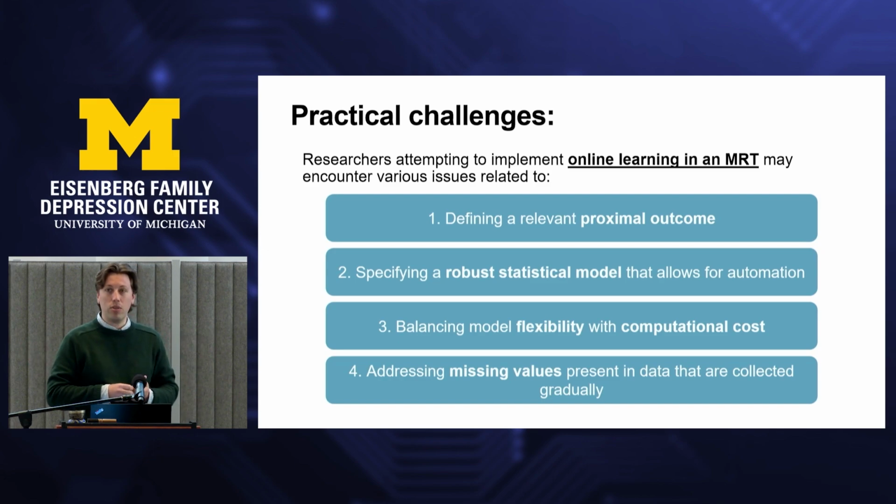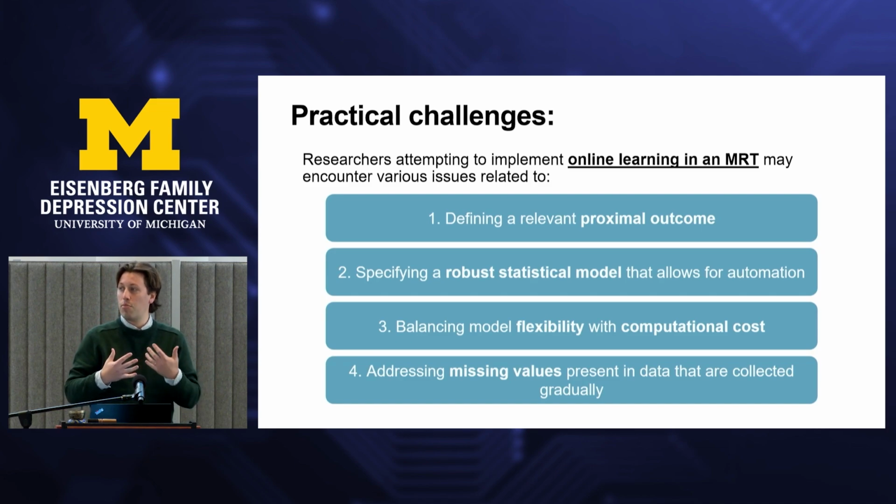And the last one is dealing with missing data. A lot of people will use mobile health data retrospectively, and they'll look at a data set and say, oh, I can just analyze it, it's not a big deal. What do you mean missing data? Why is it a big deal? Because anytime I arrive at a grocery store, I can't rely on my entire context vector to always be available.